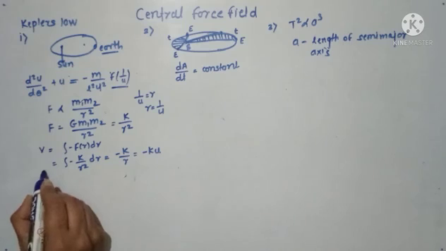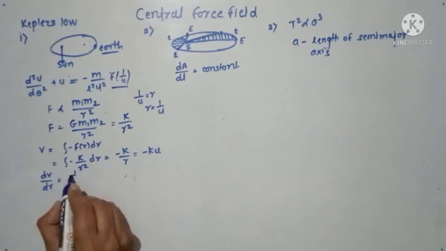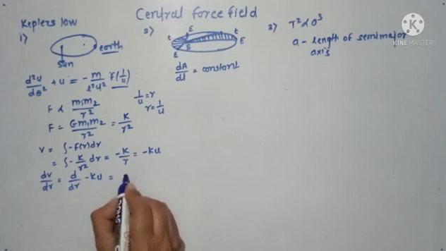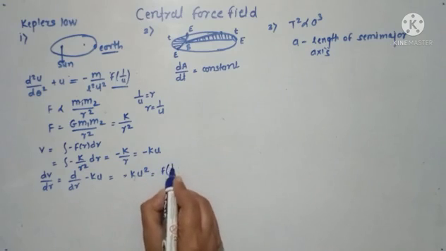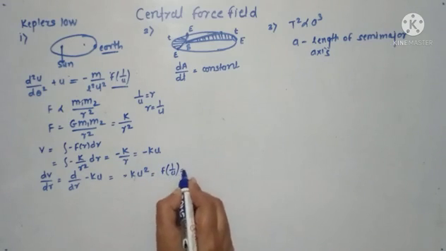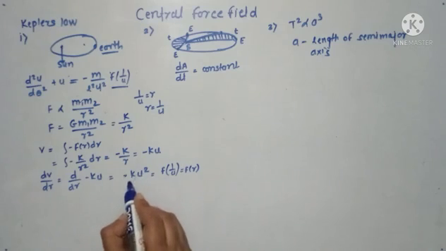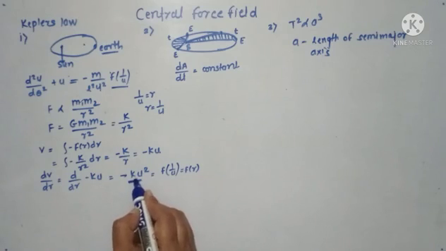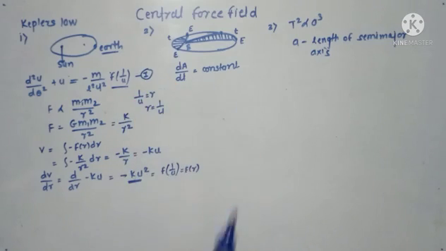Now if I take the derivative dV by dr, or d by dr of minus k into u, it will be minus k into u square, which is nothing but f of 1 upon u, or f of r. Now just put this value of minus k u square into this equation, which I will call equation 1.